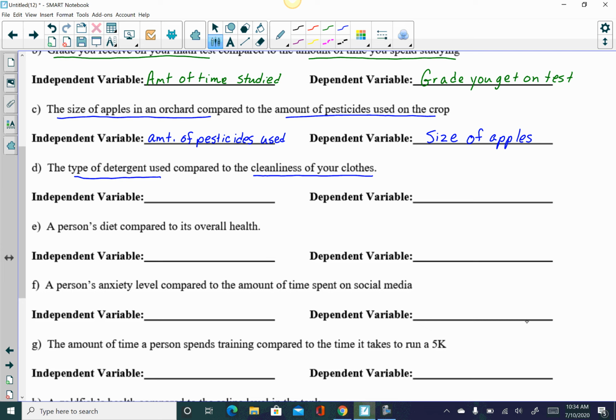A lot of times, you buy products and you say, well, that one doesn't work as well as this other one did, so you go back to that. So that's kind of the idea here: the cleanliness of your clothes is going to be dependent upon the type of detergent used.